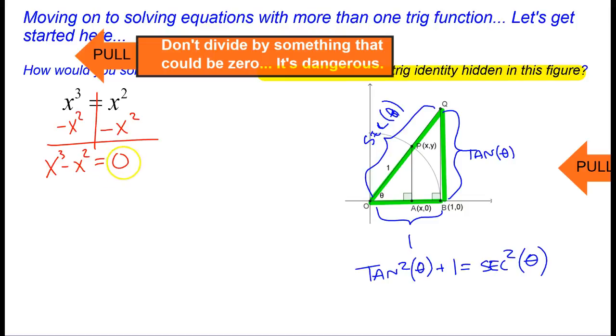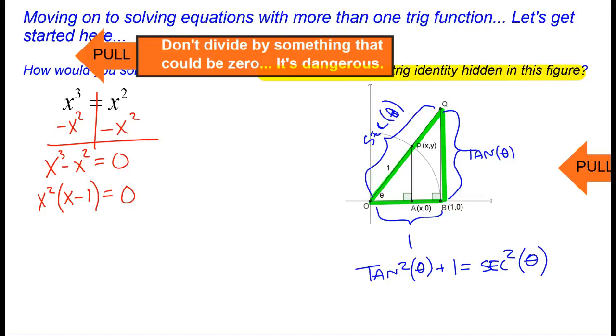Anytime I have an equation with a 0 on one side, it kind of makes things easier to solve. From this point, I'm going to try to factor out a GCF. And I think I got a GCF here of x squared. And that's going to leave me with a remaining factor of x minus 1. So now I have x squared times the quantity x minus 1 equals 0.